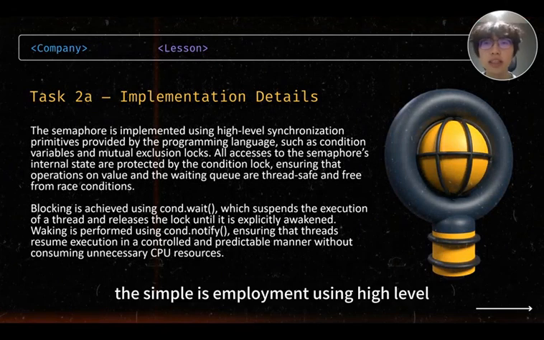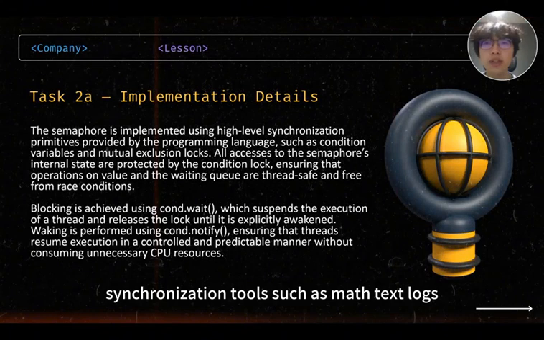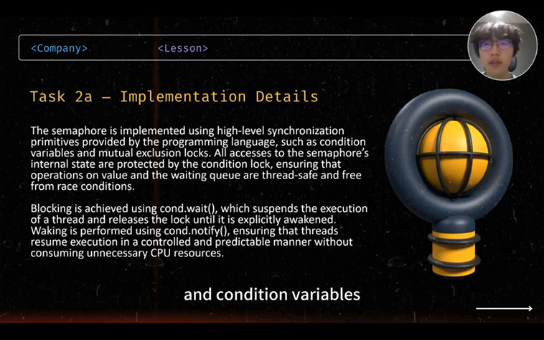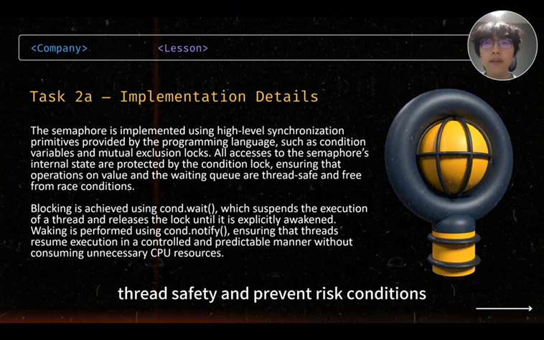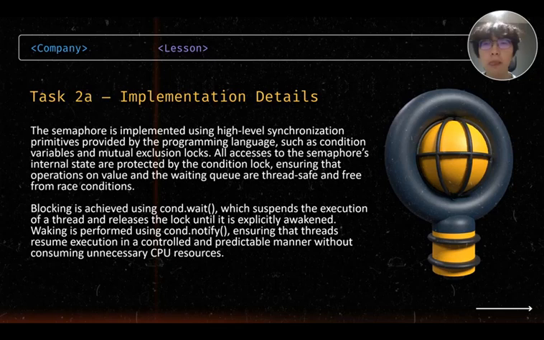The semaphore is implemented using high-level synchronization tools such as mutex locks and condition variables. All accesses to the internal state are protected by a lock to ensure thread safety and prevent race conditions.